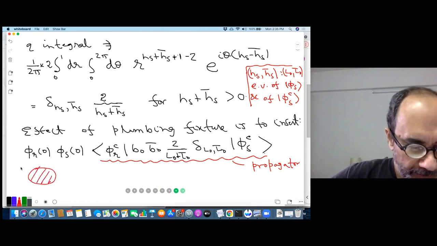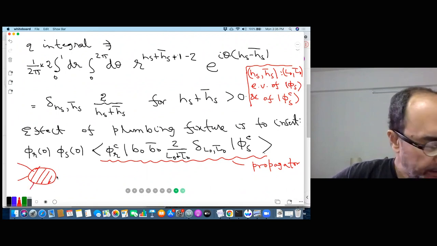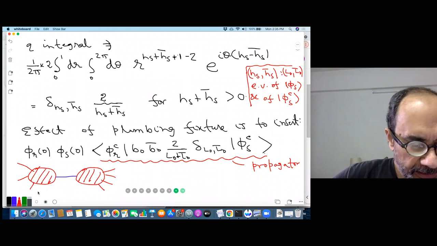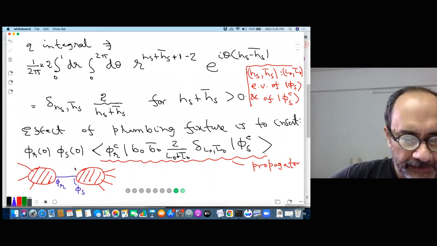We have a blob over here, we have some external states, and then we have a propagator coming out and another blob with some other external states. So here, these lines, this is the state phi r, this is the state phi s. And the propagator by definition is this whole object.